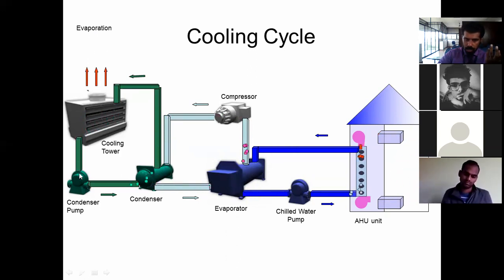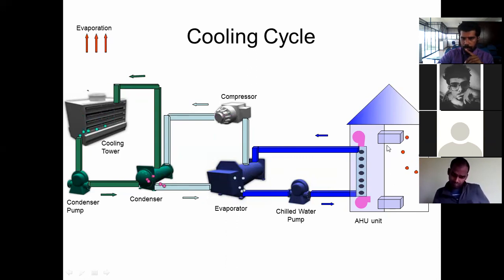Through this cooling tower, water is flowing like this. So how many circles are there? One circle here, one circle here, third circle here, and fourth circle here. So here cold air is converted to hot air. Now here, cold water is converted to hot water.